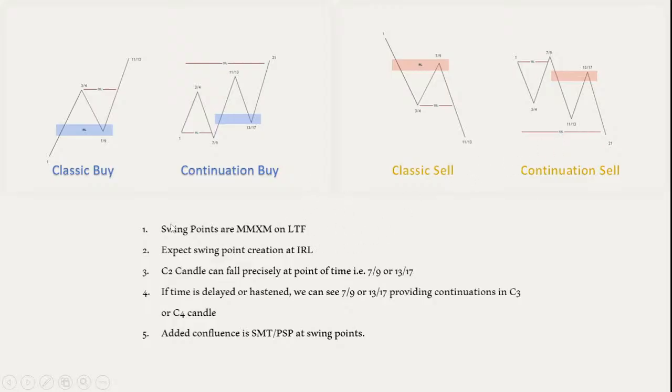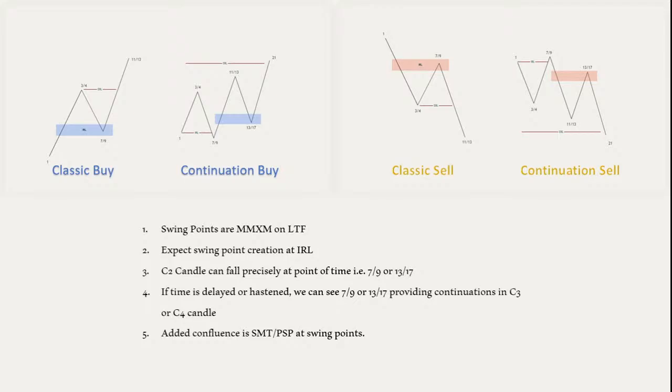So remember that swing points are market maker models on lower time frame, and when we reach the point of internal range liquidity, we expect price to create a swing point, since swing points are the reversal points. Without a swing point, price cannot reverse.